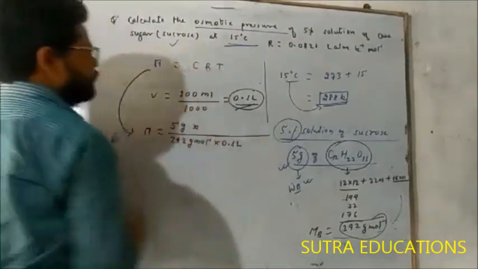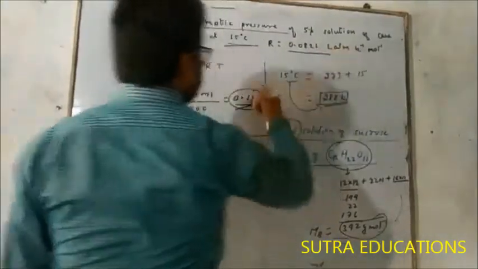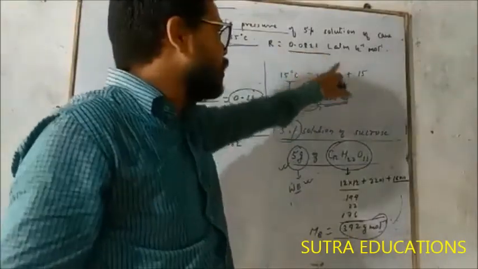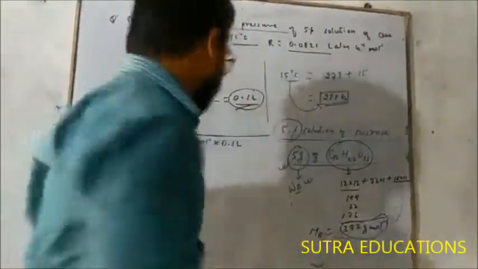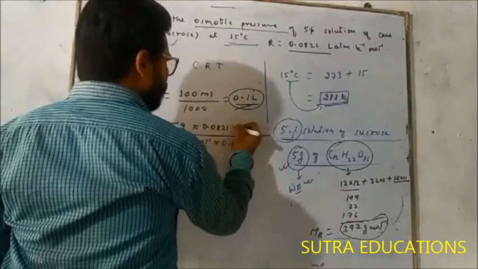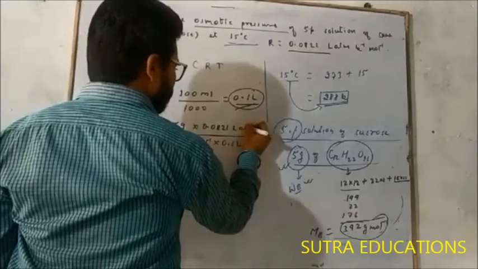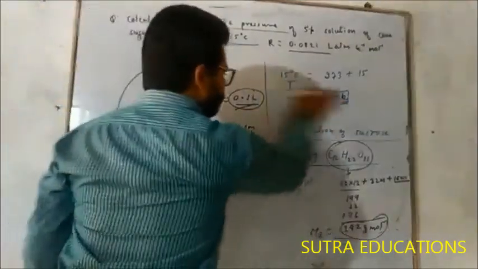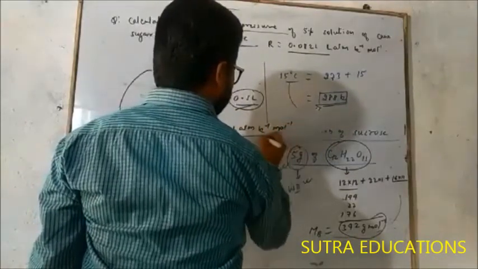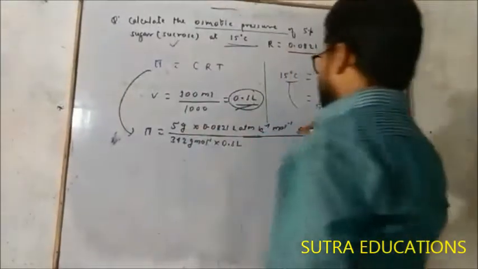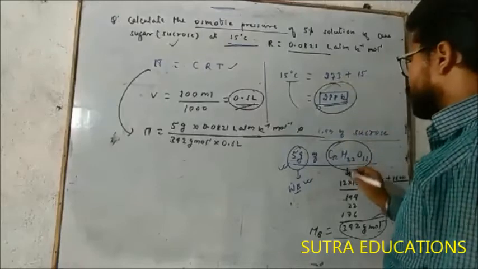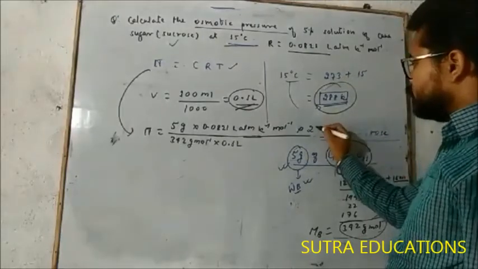Into R. In every case we have to take R as 0.0821 liter atm K inverse mole inverse. Temperature we have calculated as 288 Kelvin, so it will be multiplied by 288 Kelvin.